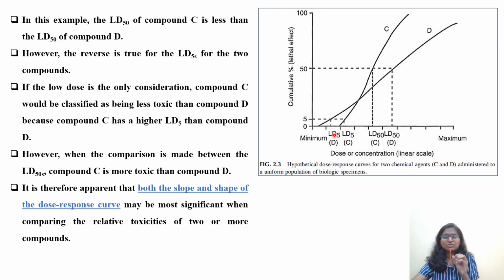You come across this term, dose response curve, steep curve. Is your dose response curve linear, or is it non-linear? Such kinds of terminologies you will come across whenever you are dealing with graphs. So it is therefore apparent that both the slope and the shape of the dose response curve may be most significant when comparing the relative toxicities of two or more compounds. Right? In this case, C and D are compared here.